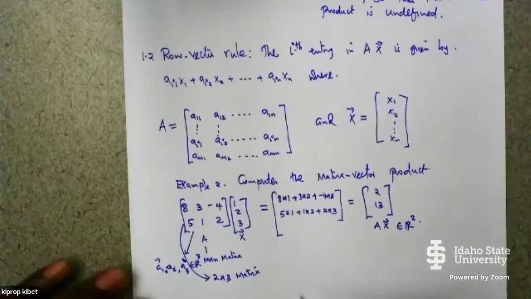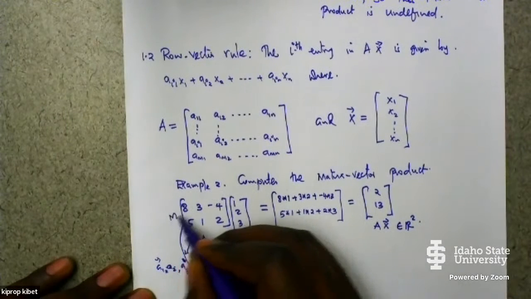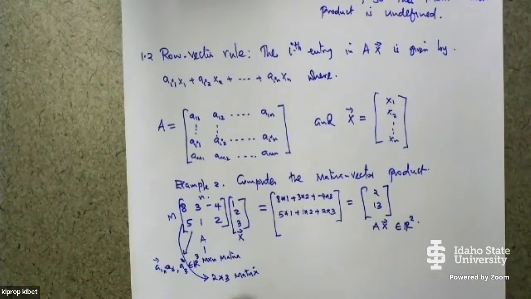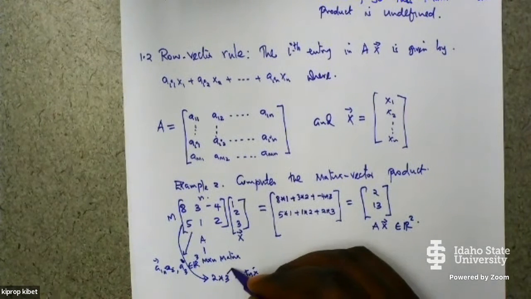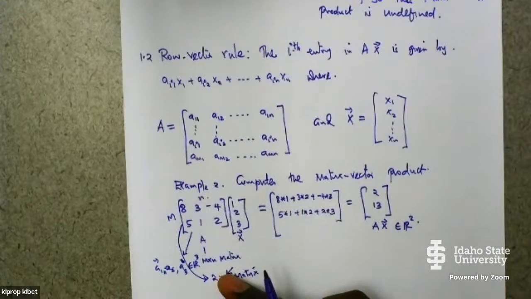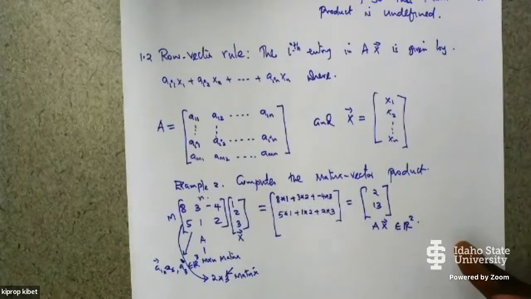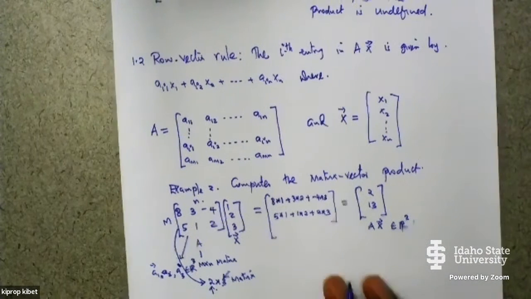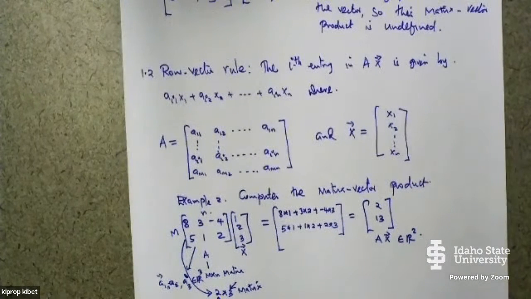So they are in R3, and the product is in R2, like what we just wrote here.